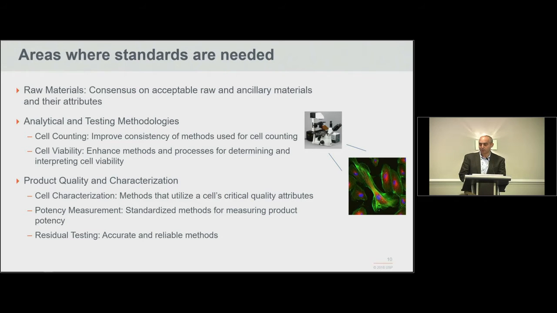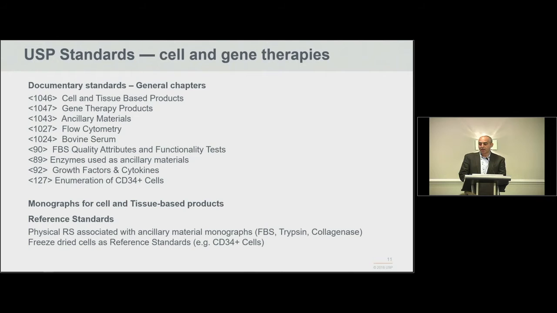What we've done over the past maybe decade or 15 years is address specifically some of the unmet needs in cell and gene therapy. And it's not a lot, it's very preliminary at USP, but we tried to be foundational and have some of the critical best practices and standard approaches for some of the materials and test procedures associated with cell and gene therapy manufacturing.